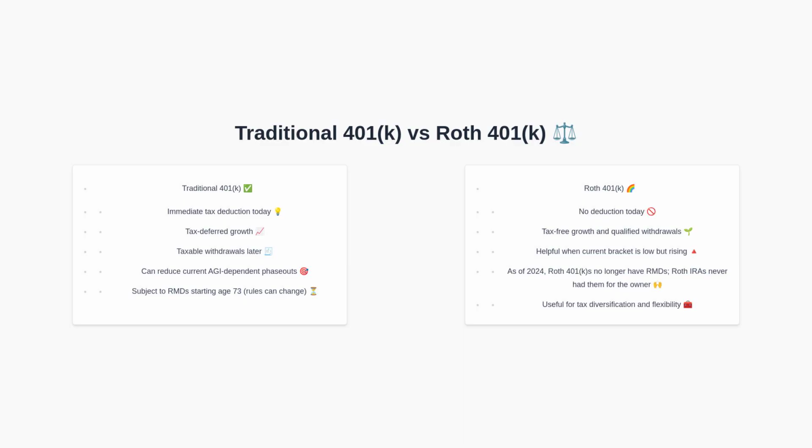By contrast, Roth 401k contributions receive no deduction, but growth and qualified withdrawals are tax-free. As of 2024, Roth accounts and employer plans are not subject to required minimum distributions, and Roth IRAs have never had RMDs for the original owner. Roth can be helpful when you are currently in a low bracket and expect higher brackets later. Both contribute to tax diversification and flexibility.